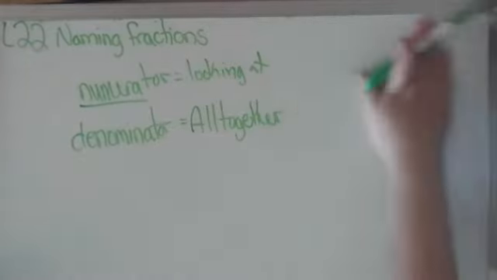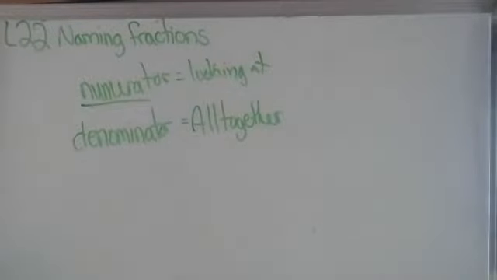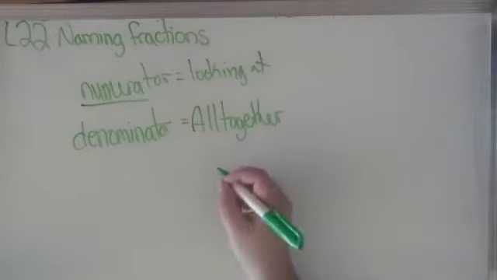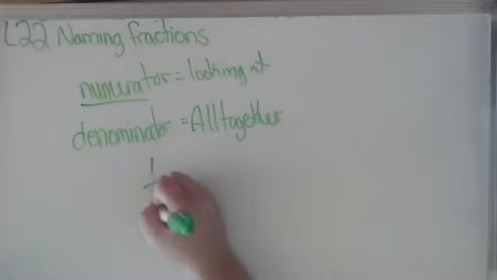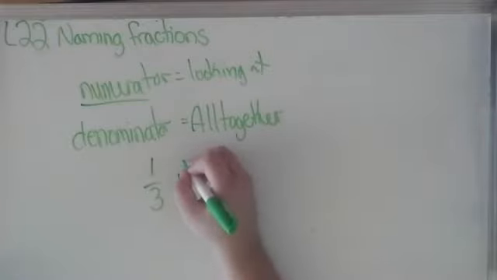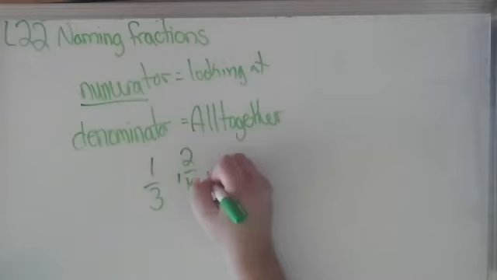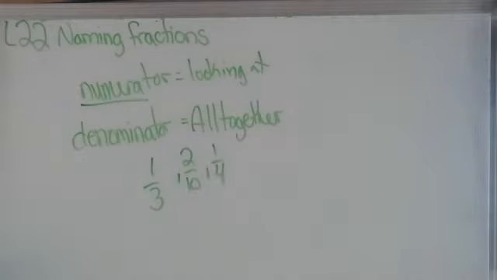Let's look at a couple more together. If you are putting fractions in least to greatest, the denominators and the numerators matter. For example, if you have the fractions 1/3, 2/10, and 1/4, and I wanted to put them in least to greatest, there's two ways you can do it.